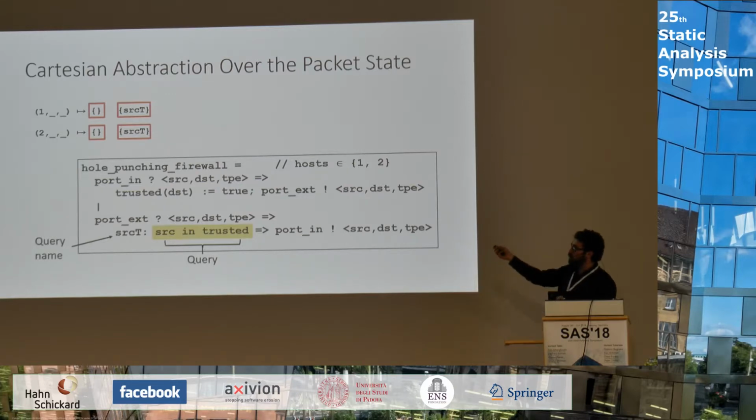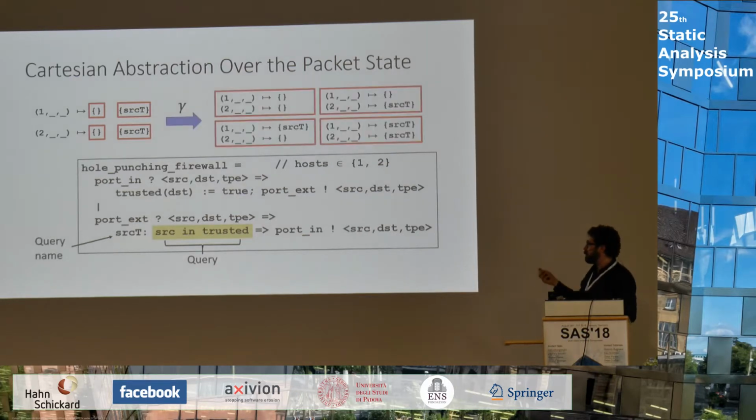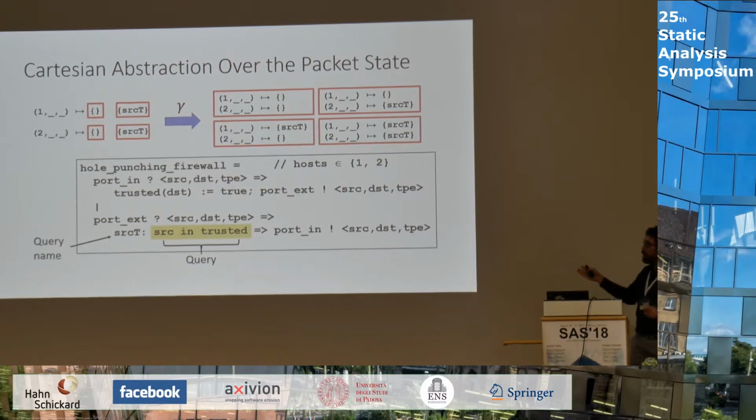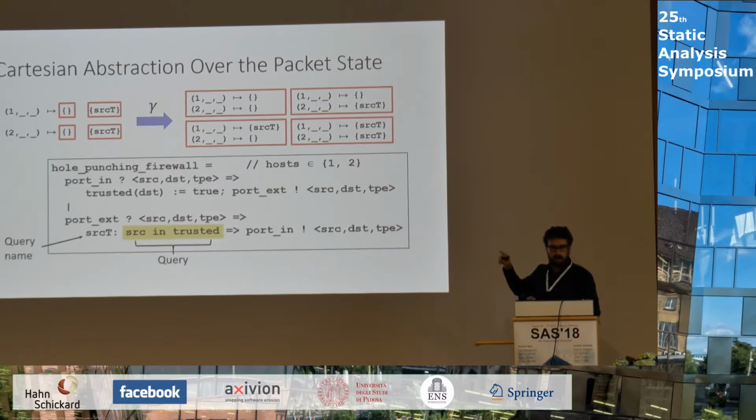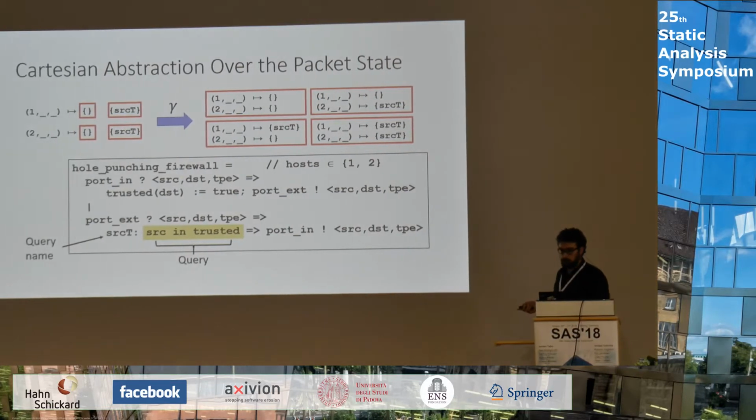And this would be the abstract state after both packet types have arrived. So just as an example, if we want to concretize that state, this is what we get. We get a combination of each of the separate possible states of the middle box.